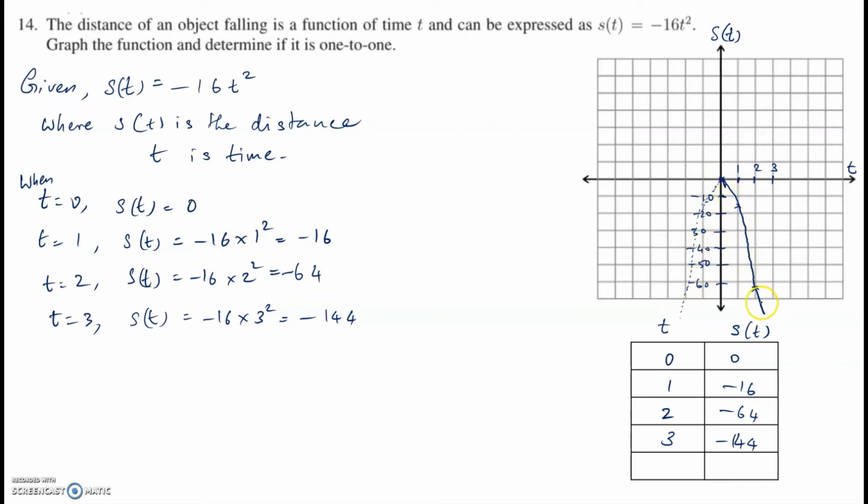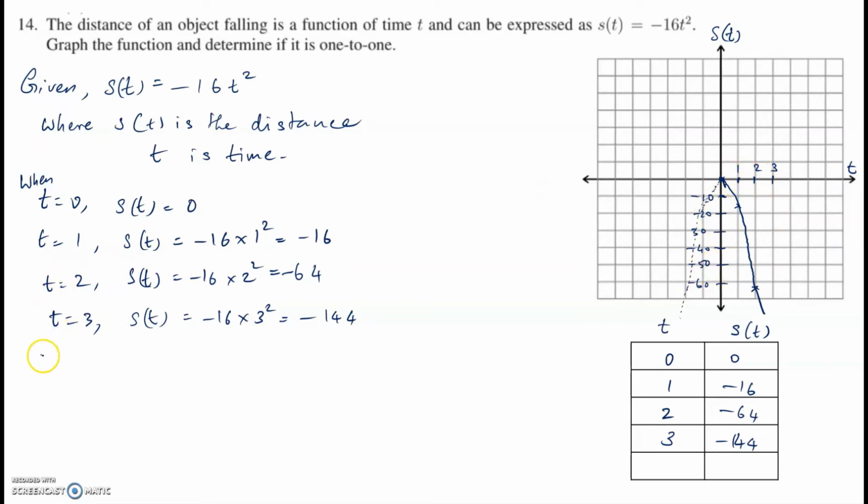So in this parabola, you will see that it's a 1-to-1 relation, because every value of t has a unique value in s of t, which means when t is equal to 0, it has a unique value 0. 0 doesn't take any other pre-image on t. And 1 will be minus 16, 2 will be minus 64. So each value of t will have a unique value in s of t.